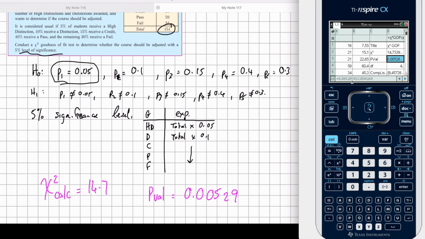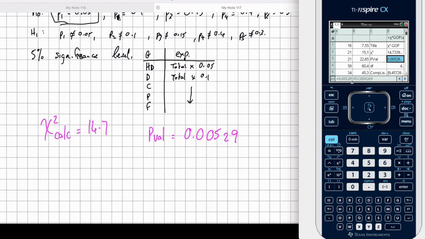We haven't got a critical value in the question. We don't have a chi-squared critical value, so even though we've calculated it, we cannot use the calculated value. We're going to have to make a judgment purely off the p-value. So here we're going to need a sketch of our distribution. We're approximating.